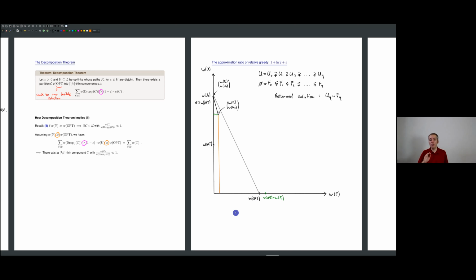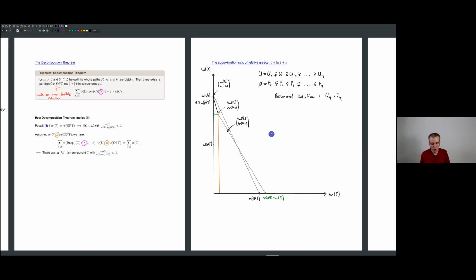I can win all of that if I add the full opt, all of the opt components. This means this time I will have a slope that's at least as good as that one here. So maybe I will end up, say, somewhere here. So that would be the weight of F2 and the weight of U2.